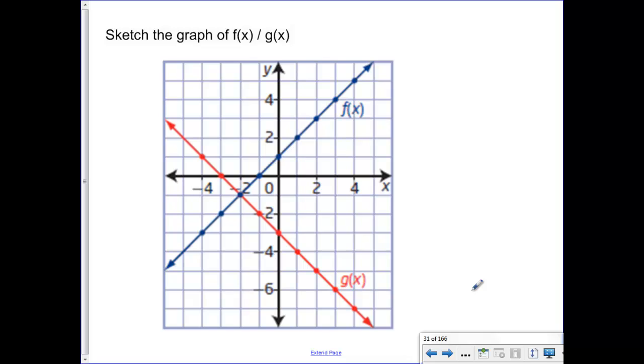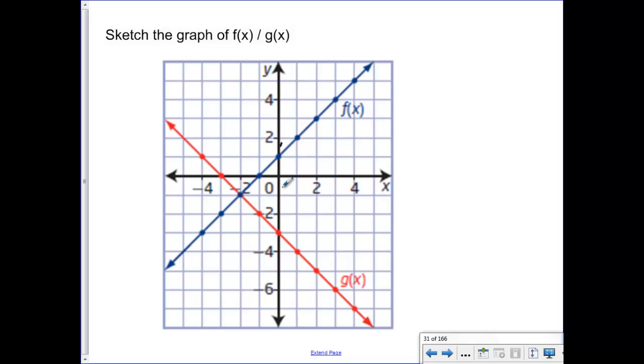So we could still do this by going point by point if we wanted to. Here are two graphs, let's try dividing them point by point. Take the blue graph and divide by the red graph. For example, here's 1, divide by negative 3.